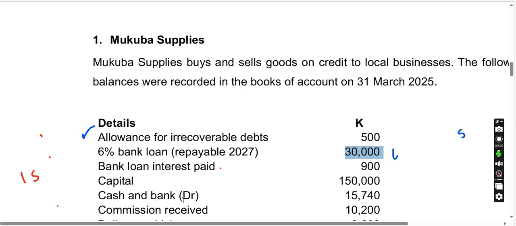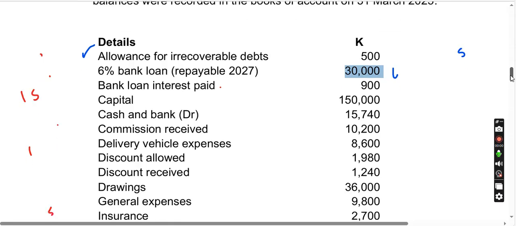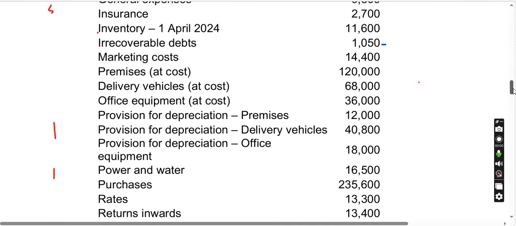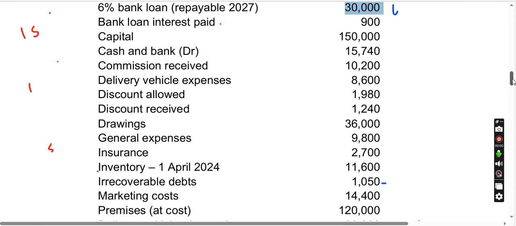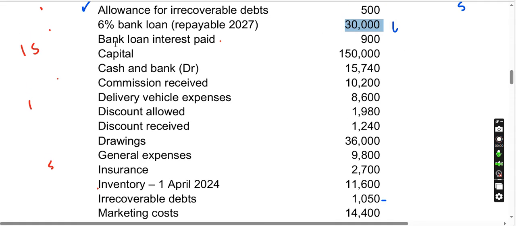Now if we look on our trial balance here, where is that interest paid? Yes, bank loan interest paid. Have you seen? We only paid 900 kwacha.